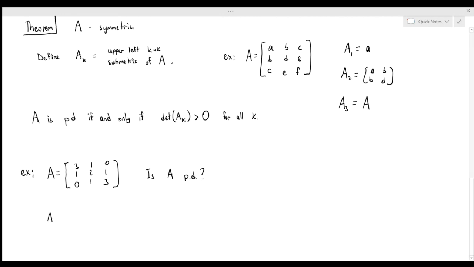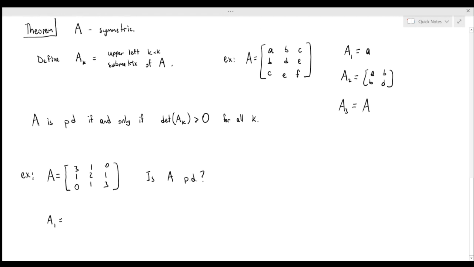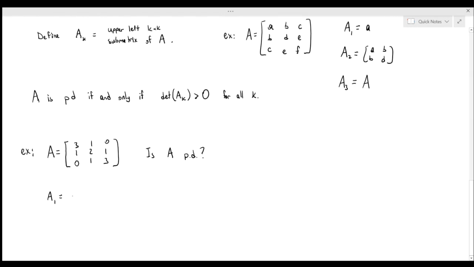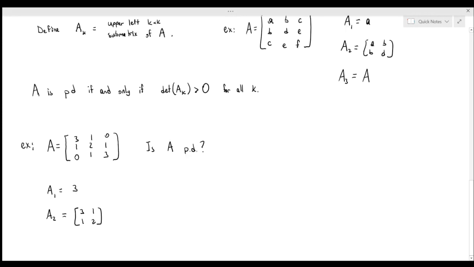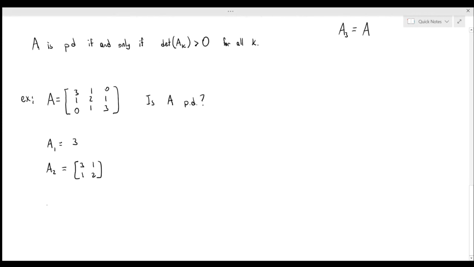Okay, so to check if A is positive definite, using this theorem, what I'm going to do is look at the 3 upper left submatrices that we get. So A1 would just be 3. A2 would be 3, 1, 1, 2. And then A3 would just be the entire matrix itself.